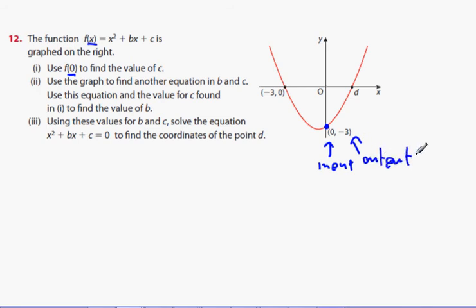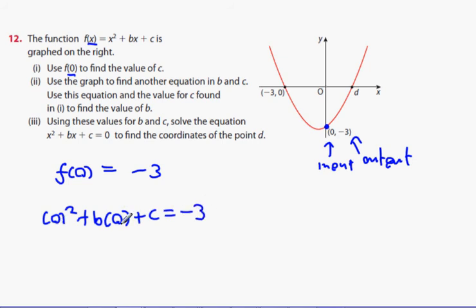So what you need to do here is write down f of 0 equals minus 3. F of 0 is 0 squared plus b times 0 plus c. This equals minus 3. C therefore is minus 3.